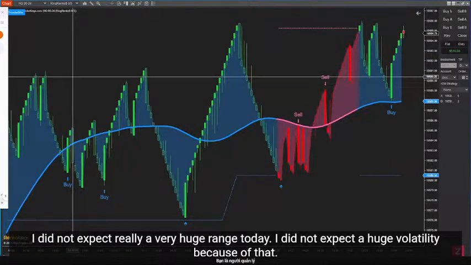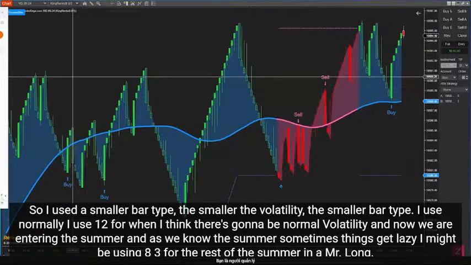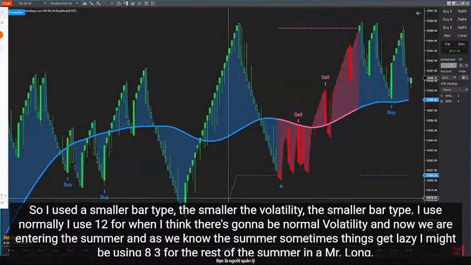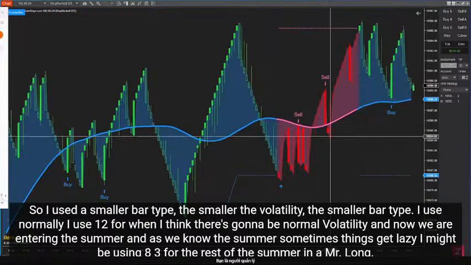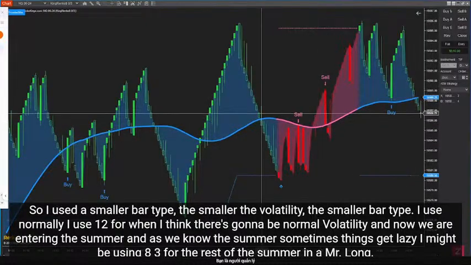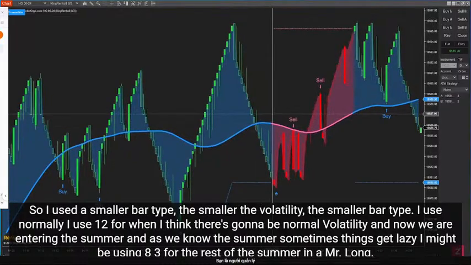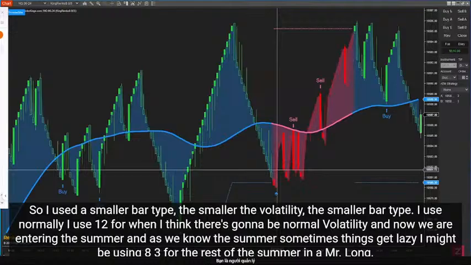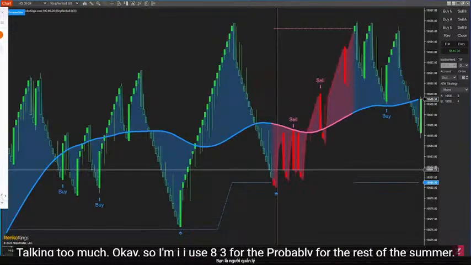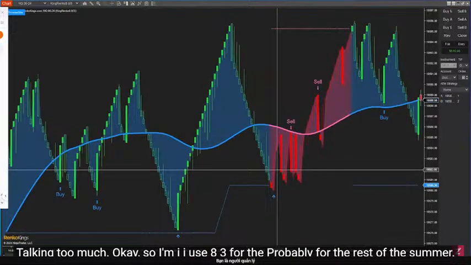Normally, I use 12.4 when I think there's going to be normal volatility, and now we are entering the summer, and as we know, the summer sometimes things get lazy. I might be using 8.3 for the rest of the summer. When things go crazy, I can use 12.4 or even as big as 16.4 on the Nasdaq.